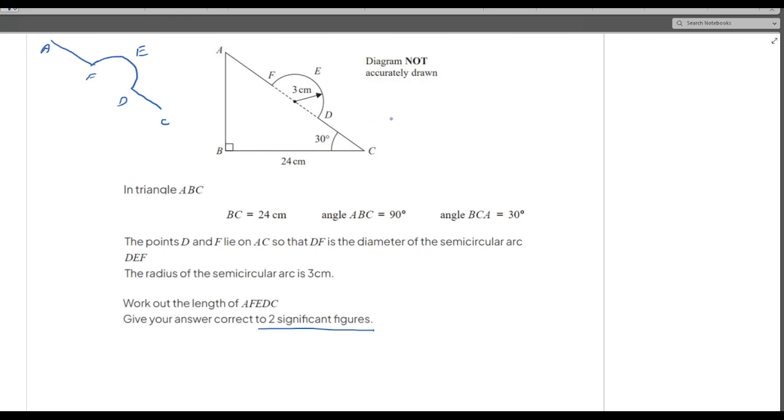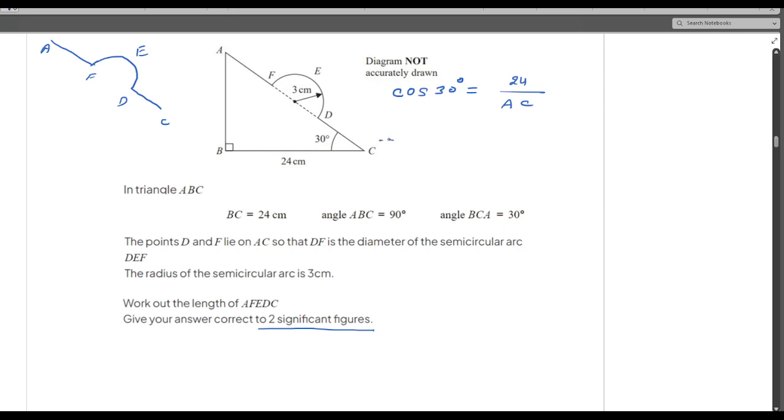Now from this diagram I can find out this length AC. You can say that cos of 30 degree will be 24 divided by AC, and therefore your AC will be equal to 24 divided by cos of 30 degree.